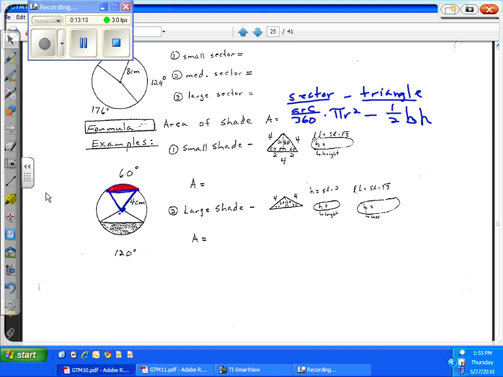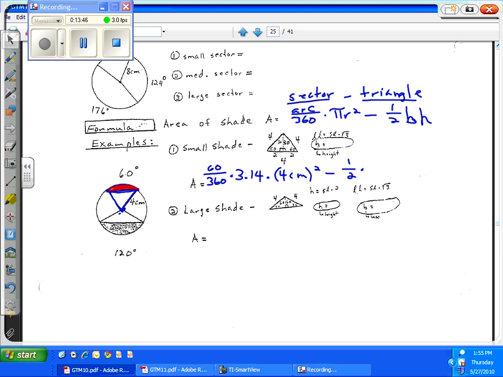So, example, if we want this red shade, then we have to find the area of the sector minus the area of the triangle. So we're going to take the area of the sector, which is the arc 60 over 360 times pi, which is 3.14, times the radius, which is 4 centimeters squared, minus the area of the triangle, which is 1/2 its base times its height.